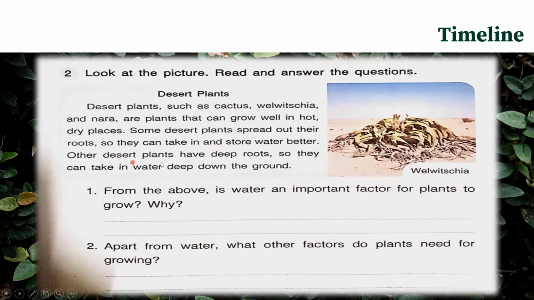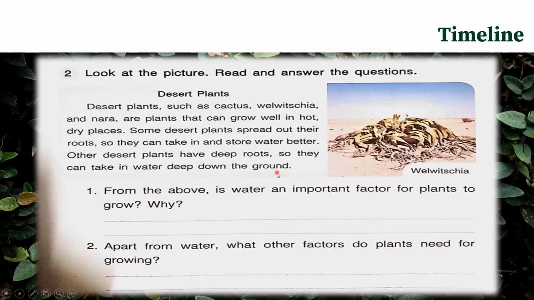Other desert plants have deep roots, so they can take in water deep down the ground.